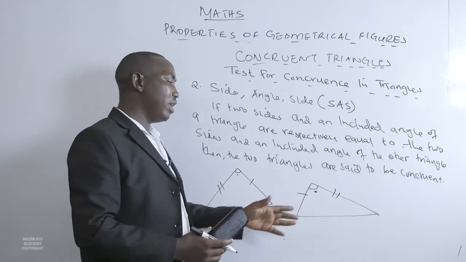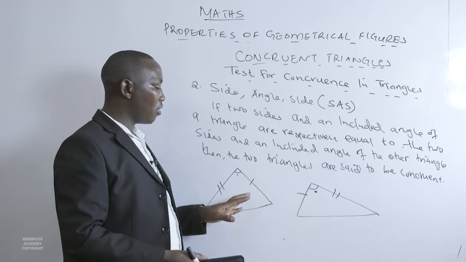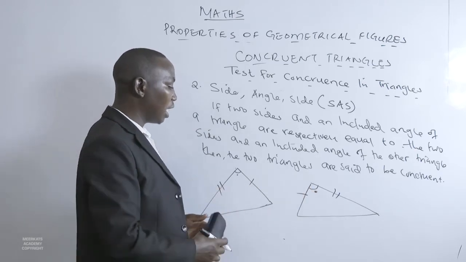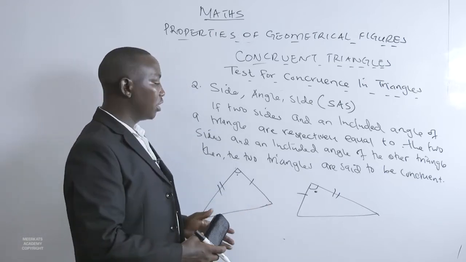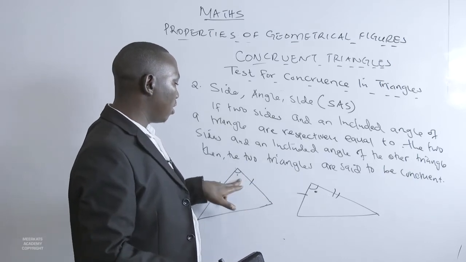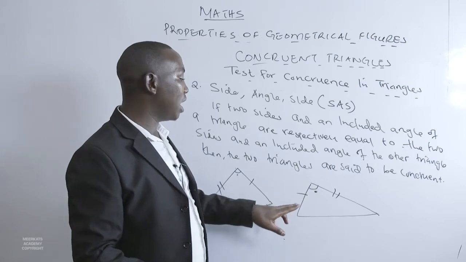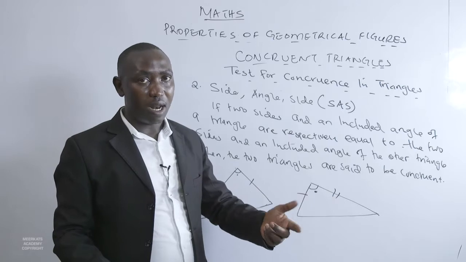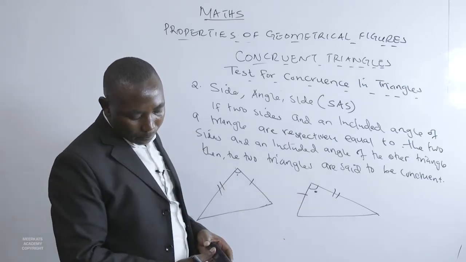So without even question, given that this angle is equal, this side and this side are equal, that will tell you automatically that the remaining side will also be equal. So by virtue that a side, included angle and side of the first triangle are equal to the side, included angle and side of the other triangle, these two triangles will be congruent.